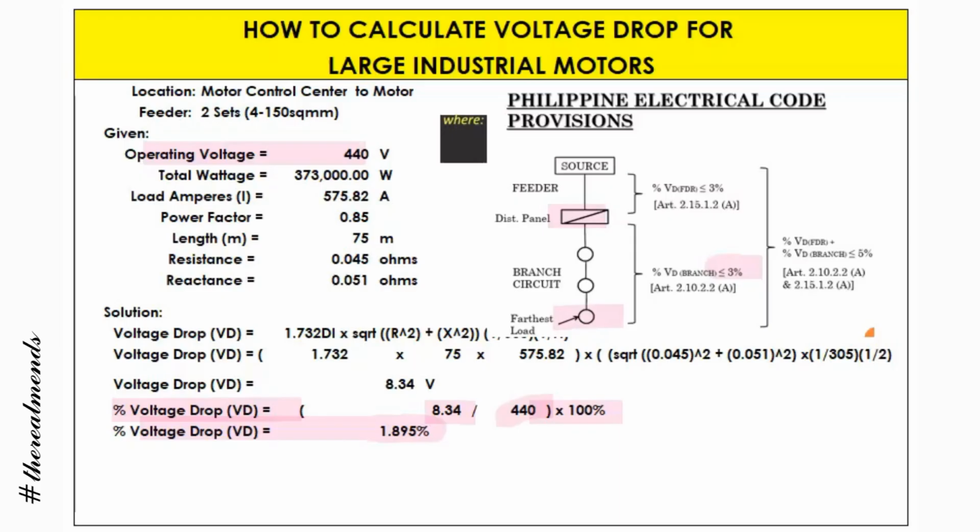But on our calculations, we have only 1.895%, which is below 3%. So therefore our sizing for conductors is tama.